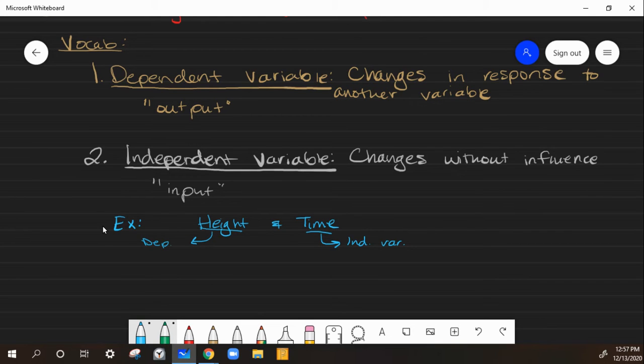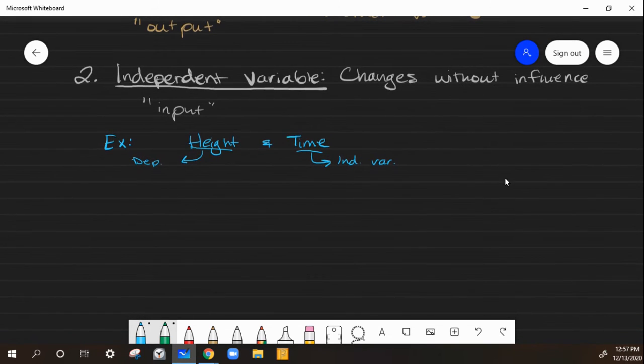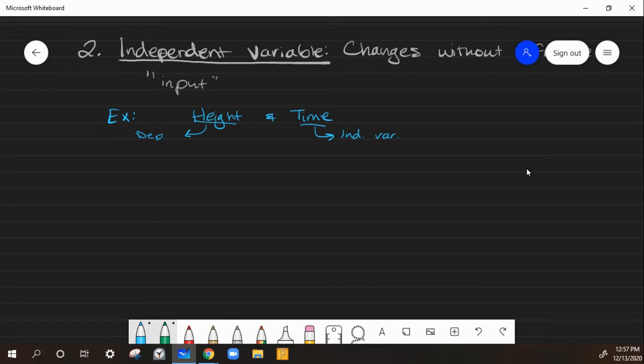So again, I encourage you to pause this and think about another example of independent and dependent. What else around you might be independent and dependent? You can even Google it and look for examples of independent and dependent variables. I'm sure there's lots of cool things that show up. But I encourage you to think about that before you press play and move on again. Or you might just decide to move on with me, and that's fine as well.